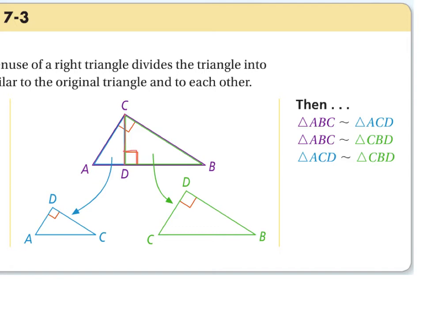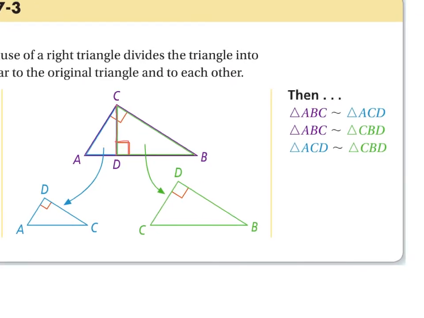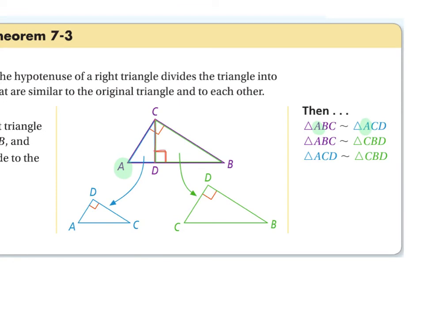Okay, so the purple one, that's the big one. Let's see if I can get all this highlighted correctly. So A on the purple one is congruent to A on the little one, the fatter angle is what I'll call it. And then B on the big triangle is congruent to C on the little one.